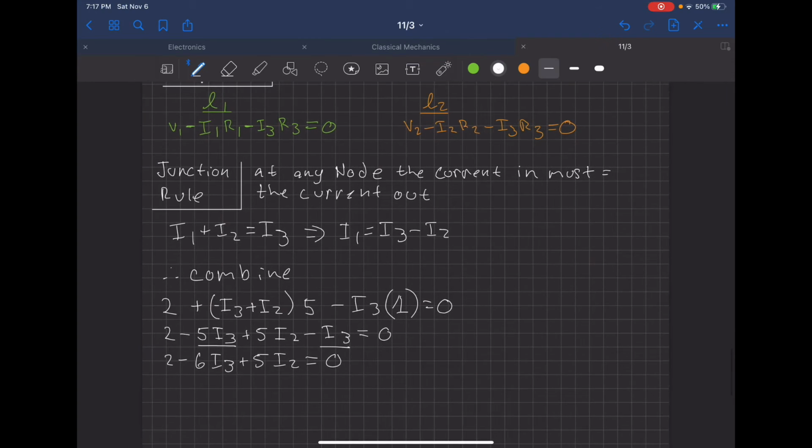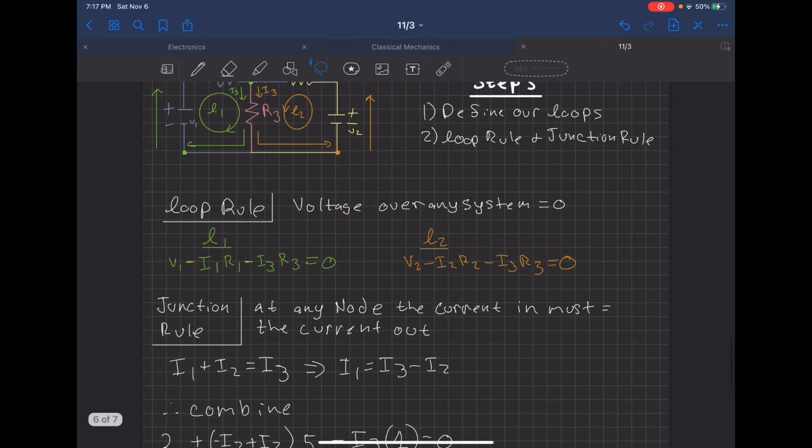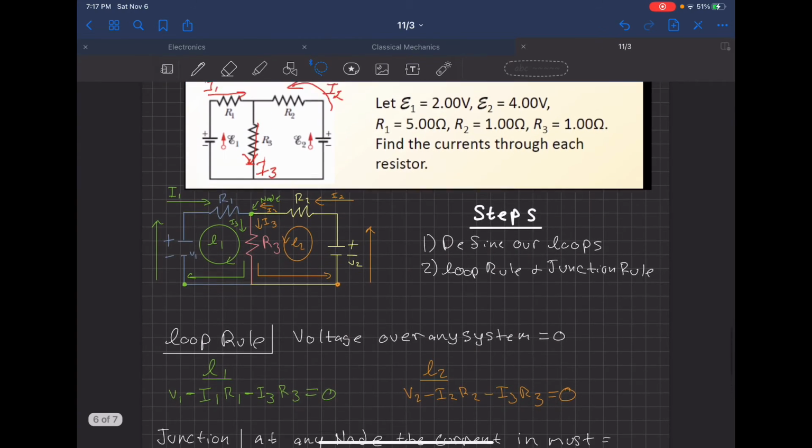And if we go through, we're going to take this one a little bit further down, and we're going to write out our second loop, which is 4 volts.